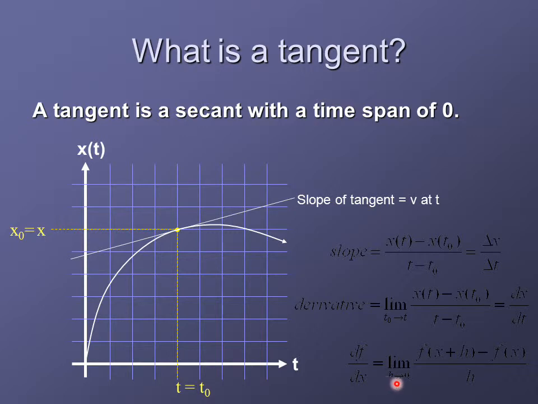It's the limit as the span of your secant approaches 0 of the value at your independent variable plus the span of the secant, minus the value of your dependent variable at your point of interest. So a point really close to your point of interest minus your point of interest, divided by the span between these two.